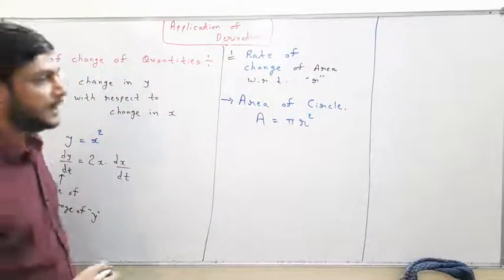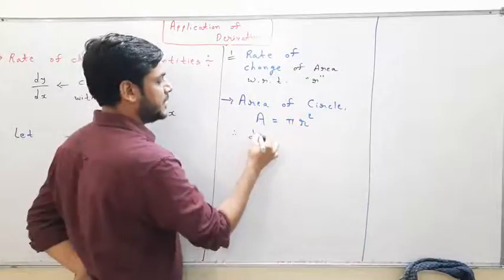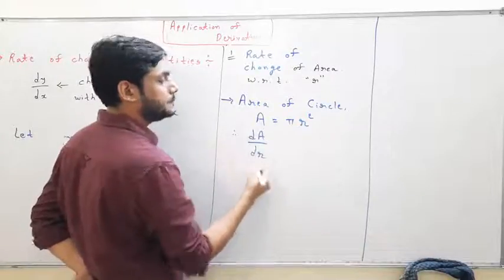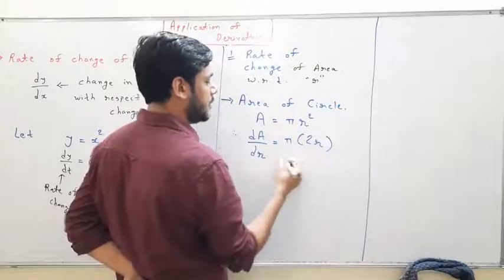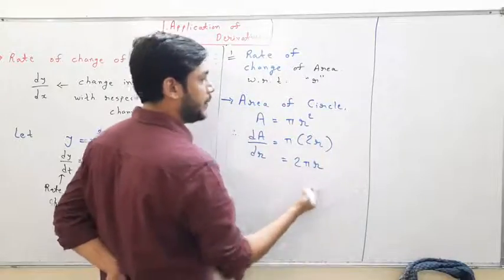Now we differentiate with respect to r. So dA by dr is equal to pi as it is, and the differentiation of r square is 2r, so that is equal to 2 pi r.